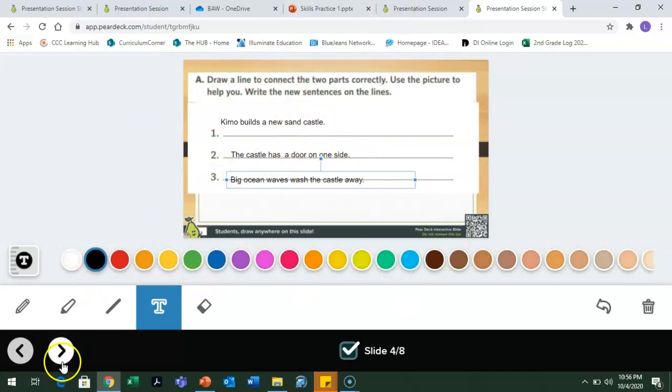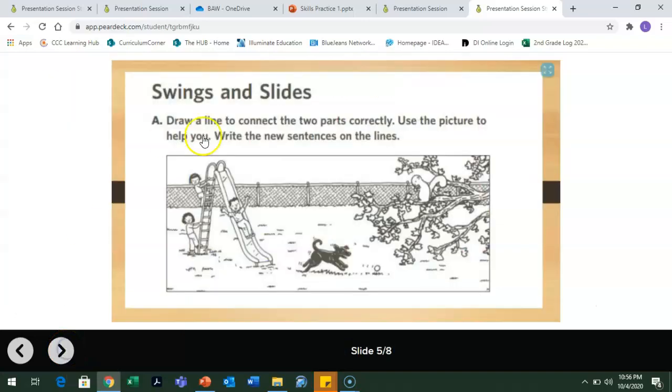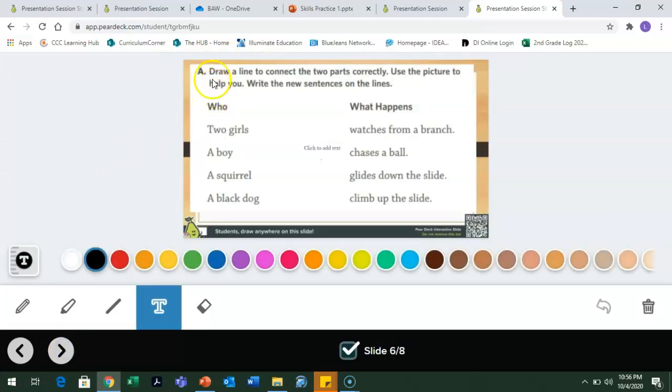It's your turn. You are going to complete the rest by yourself. You are going to do slide 5. In slide 5, you're only looking at the picture to help you. And slide 6, you do exactly what we did. You connect lines, the subject and the predicate.